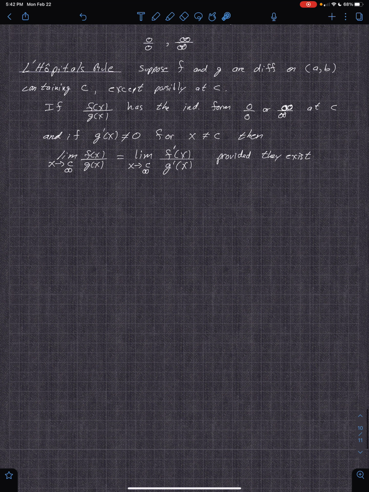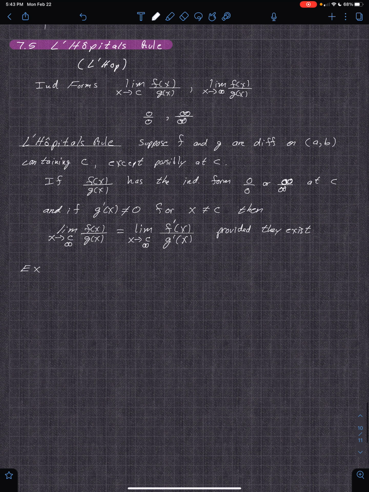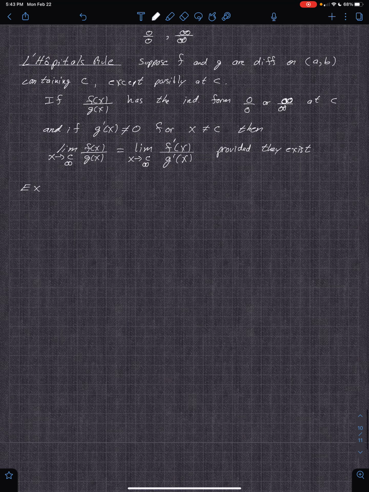Normally the way you'll see this in a book is definition, theorem, proof, and then examples. But I want to show you examples first this time, just to show you how powerful this is. So suppose you have the limit of x squared minus 9 over x minus 3 as x approaches 3.